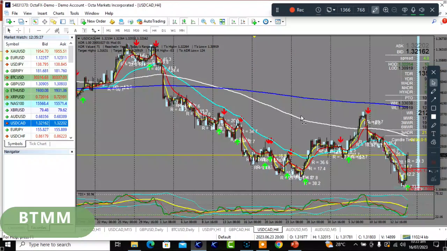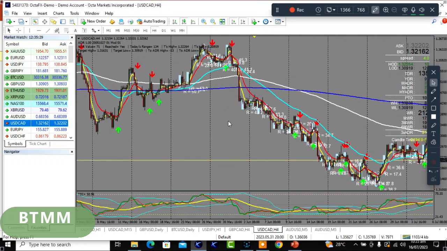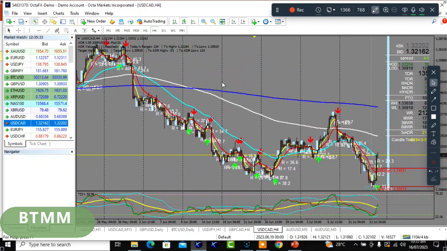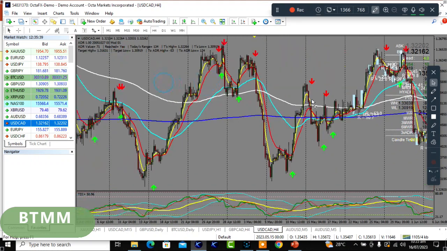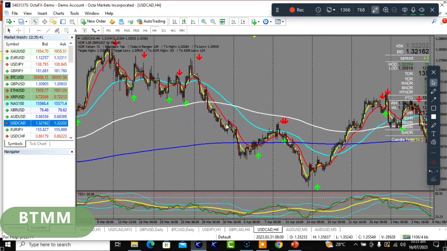Now the best time frame for the swing trader is the H4 time frame. That's the 4 hours time frame. When you have done your analysis in the 4 hours time frame, it takes at least 1 week to complete a level.